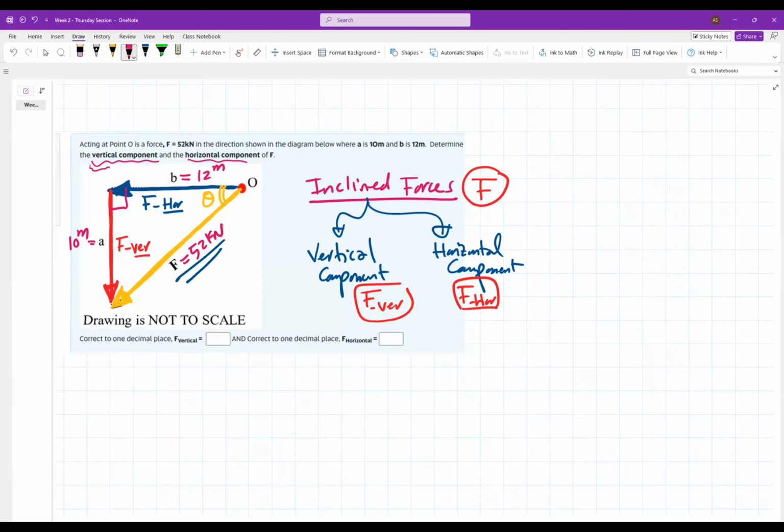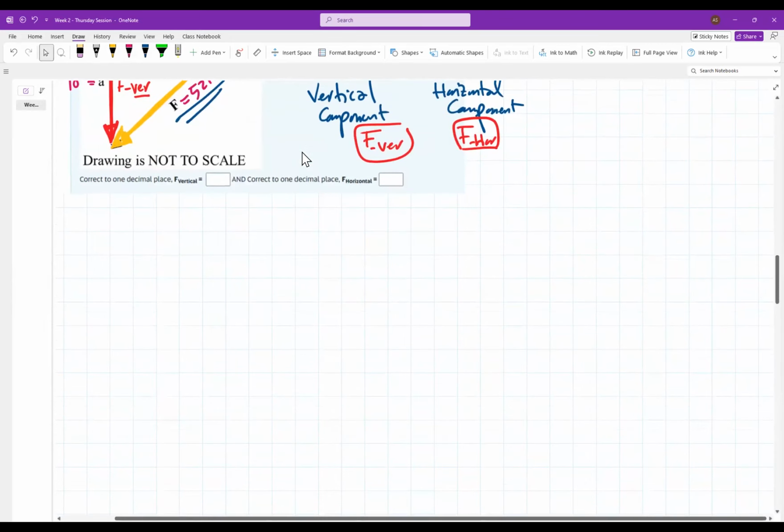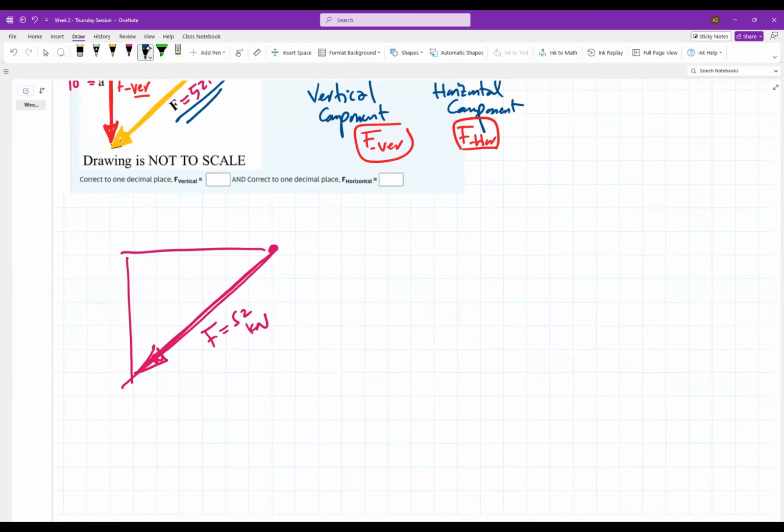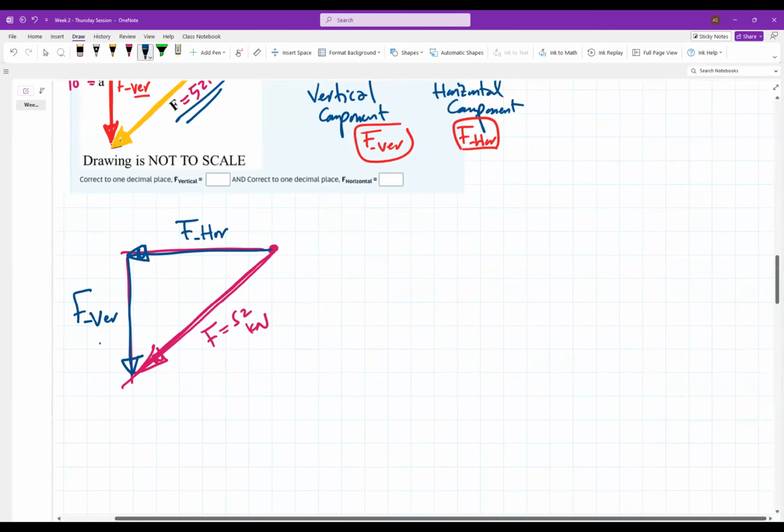So if I draw this triangle outside here, this is our force F, 52 kilonewton, and we need to find these two forces, F horizontal and F vertical.